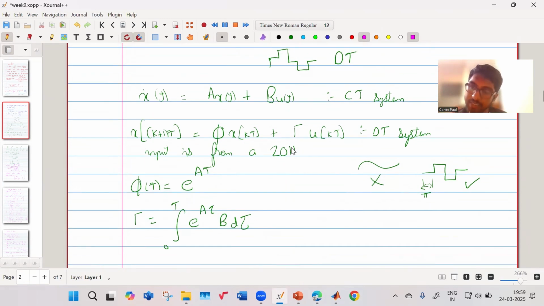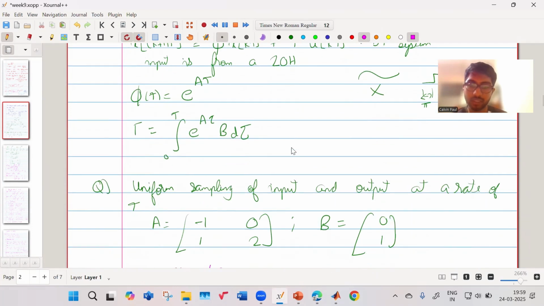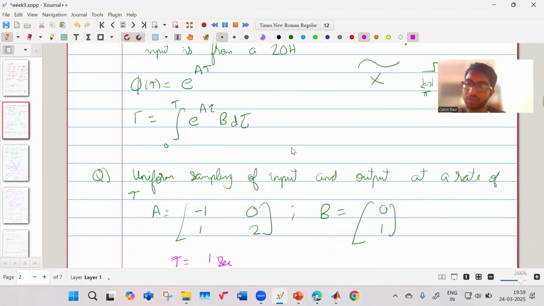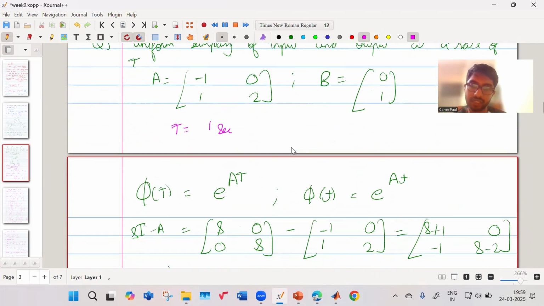We have to understand that when we are doing this analysis, we are considering that the input to my system is actually discrete. It is no longer continuous; it is coming from a zero-order hold. So we consider one sample of input and output at a certain instant.